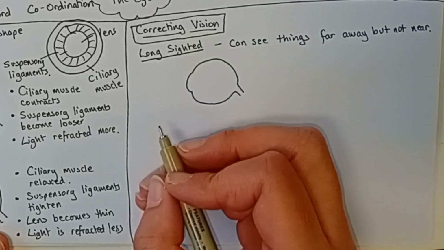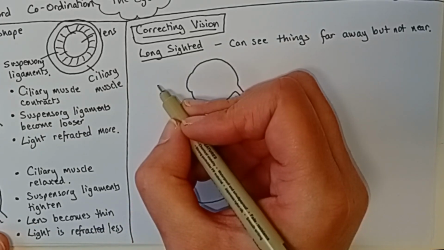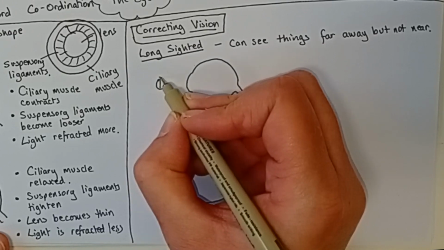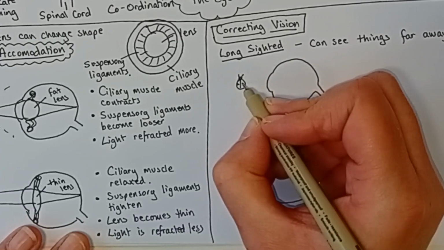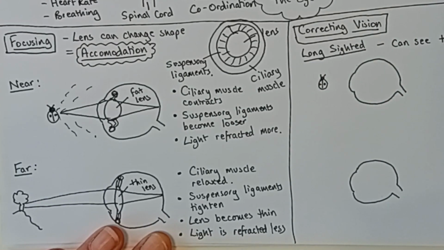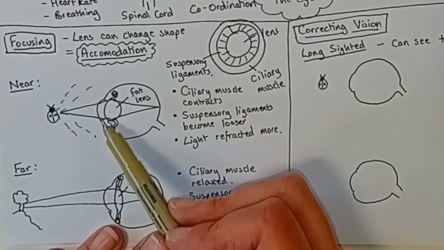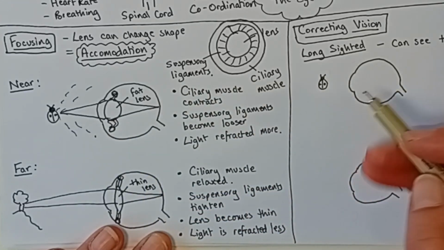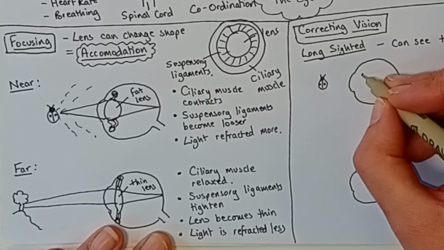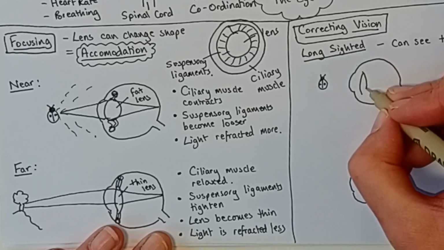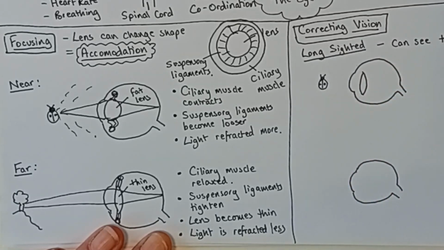So when things are near, let's go back to our ladybird example. The lens should be getting fat. We know that when we see things nearby, the lens should be fat. But if someone's long-sighted, the lens stays too thin, and so it doesn't bend the light enough.